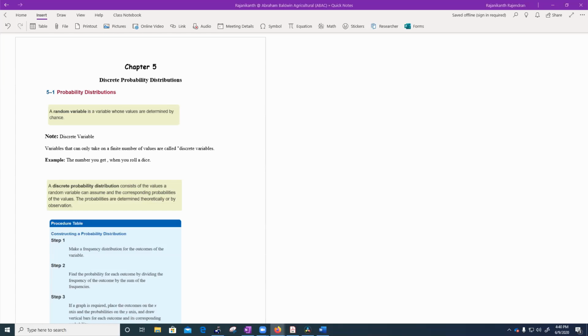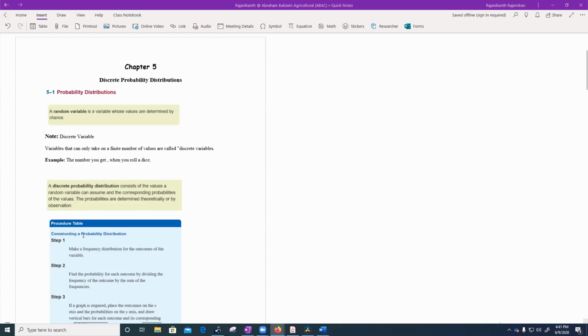So it is kind of fixed. We know the values, right? For a discrete variable, we are going to find the discrete probability distribution. That means we are going to look at how the probability values are distributed among the variable values, which is called the discrete probability distribution.